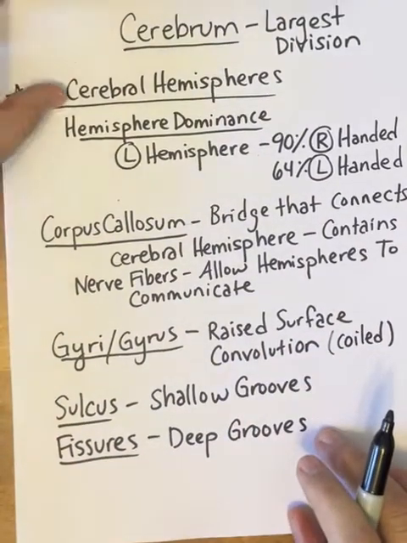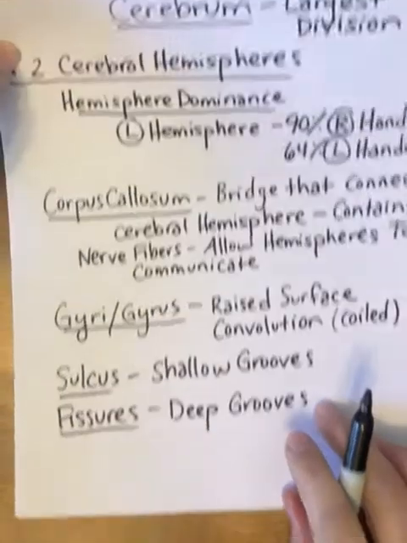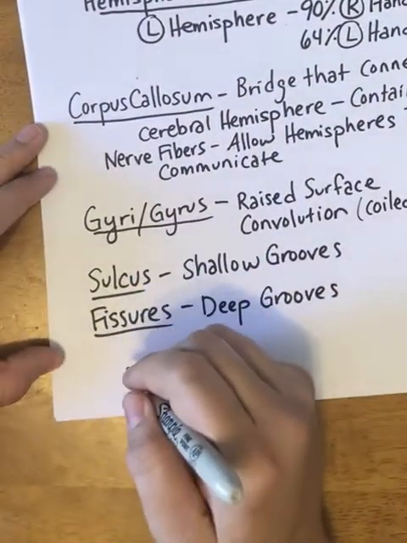There are going to be 5 cerebral lobes. Let me use a different paper.